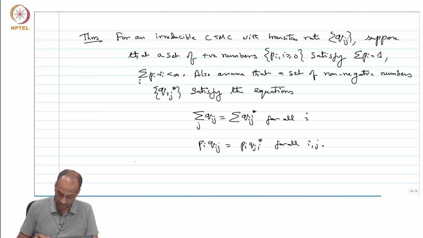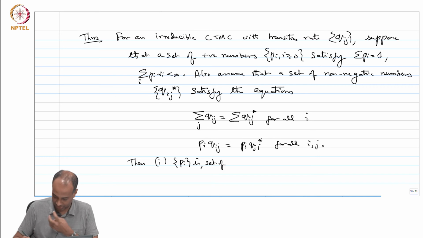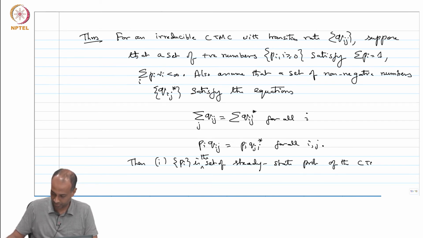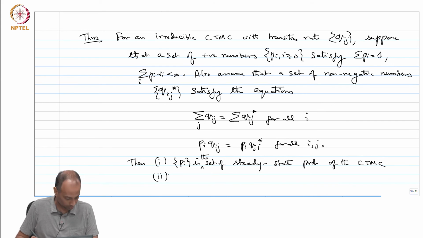Then, 1, Pi is the set of steady state probabilities of the CTMC. Number 2, the embedded DTMC is positive recurrent.